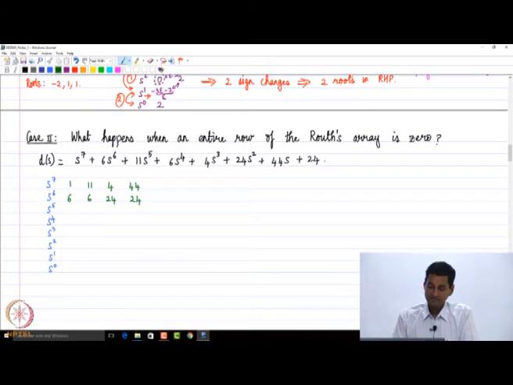I multiply 6 and 11, subtract 6 and 1, divide by 6: that gives 10. Next, I multiply 6 and 4, subtract the product of 1 and 24, divide by 6: that gives 0. Then I multiply 6 with 44, subtract the product of 1 and 24, divide by 6: that gives 40.